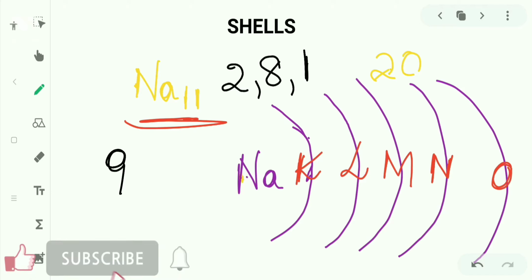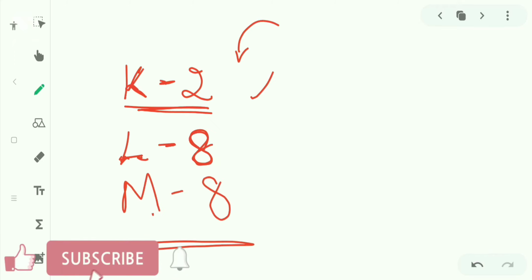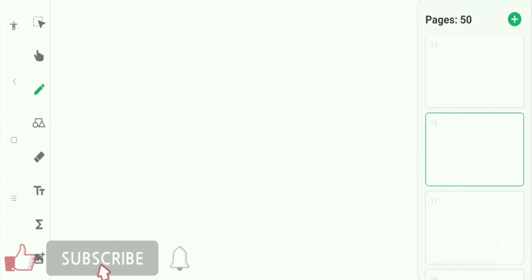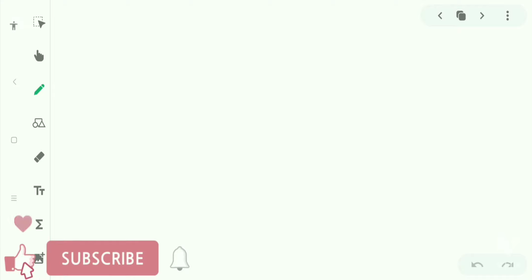So let us do another element. Suppose you take aluminium. The atomic number of aluminium is 13.